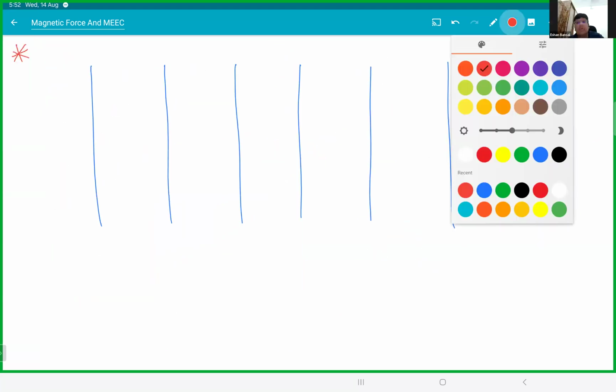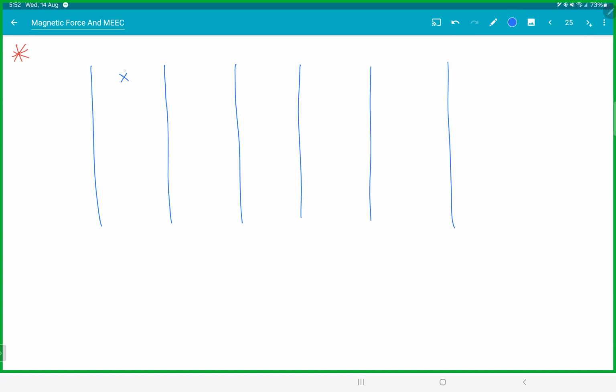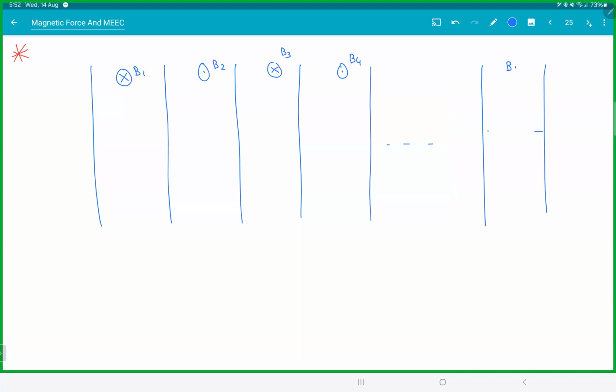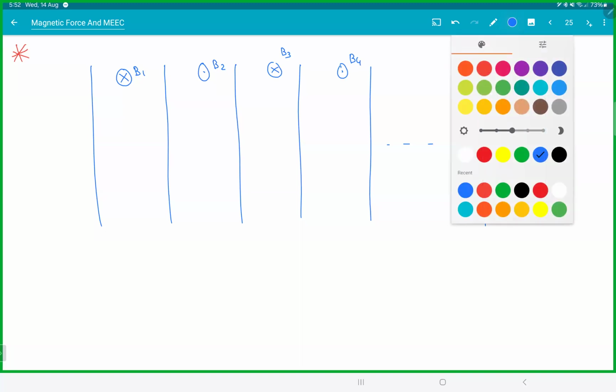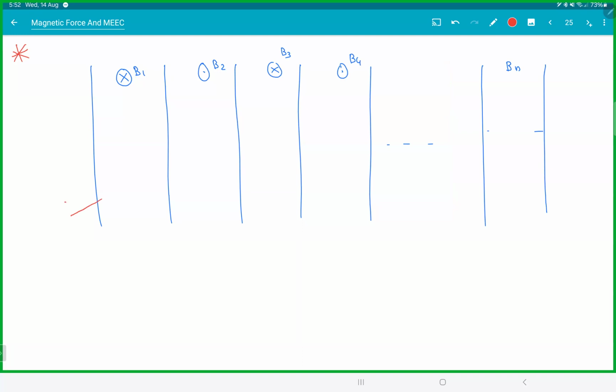Okay, sir. Now, let's say you have a situation like this. Here it is B1, here it is B2, here it is B3, here it is B4 and so on. This is Bn. When this particle enters here at an angle theta, it goes like this.